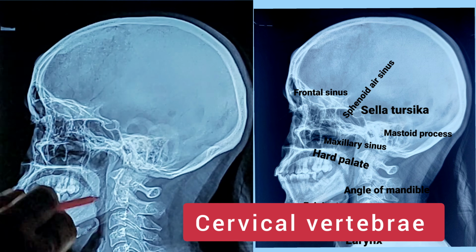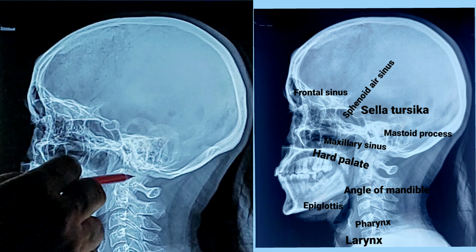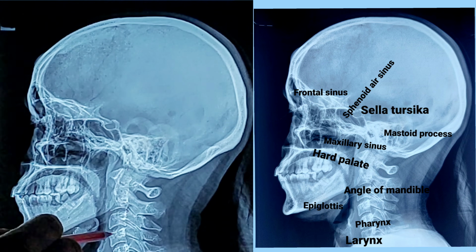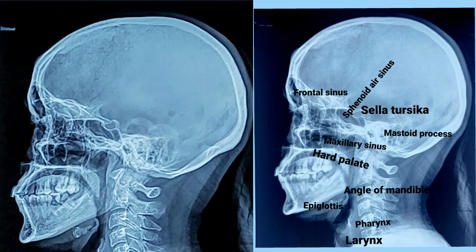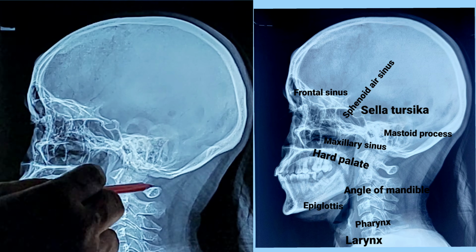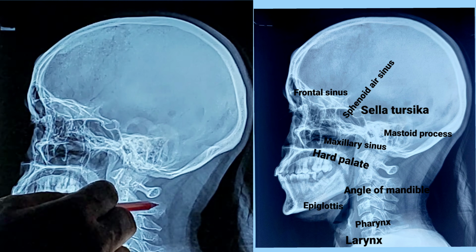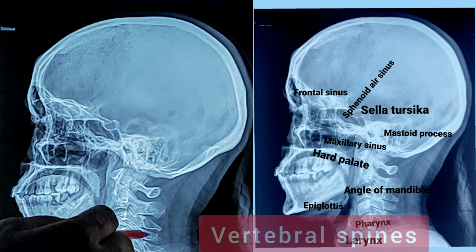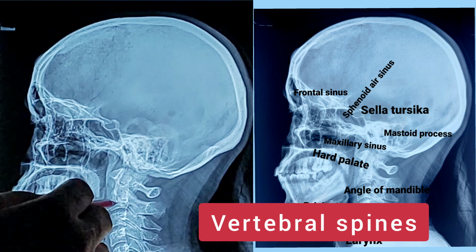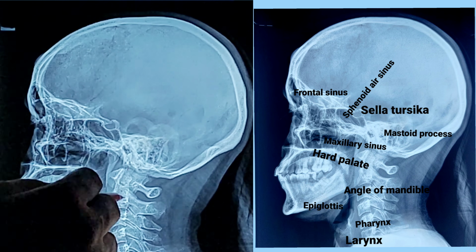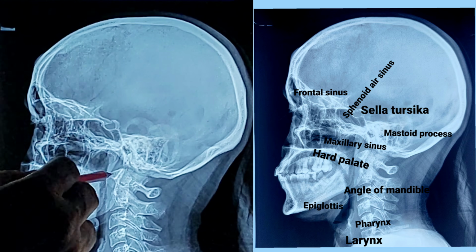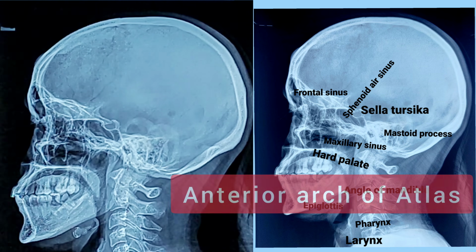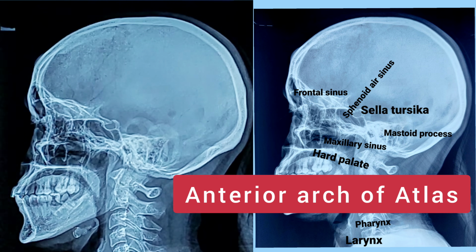If you see the cervical vertebrae, this is the first cervical vertebra, then second, third, fourth, fifth, sixth, and the last one will be 7. In the first cervical vertebra, this is the spine. All these are spines of cervical vertebrae, and these are all the bodies of the cervical vertebrae, and here is the anterior arch of the atlas or first cervical vertebra.